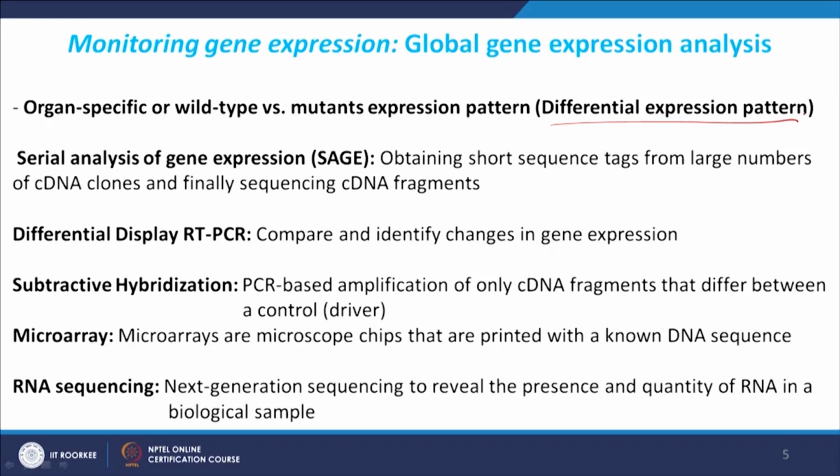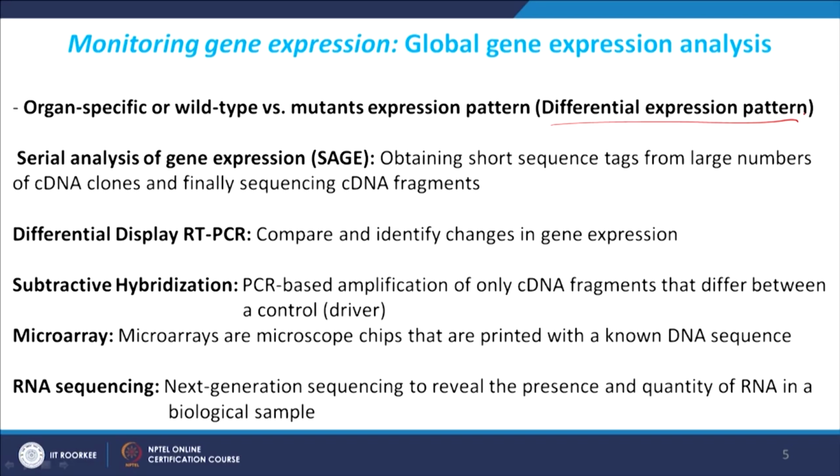So, the main goal of genomics or global gene expression analysis is to identify the differential genes in different conditions. It can be different organs, different tissues, different stages, or different conditions between a wild type and mutants, any combination whatever you can choose with respect to development.